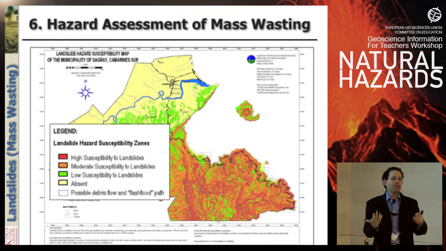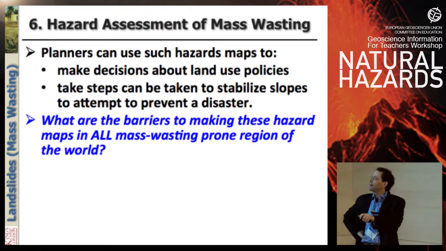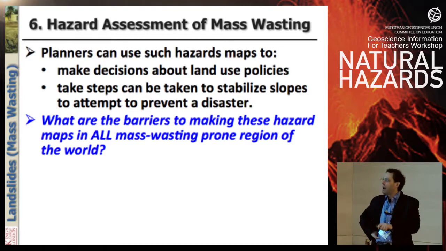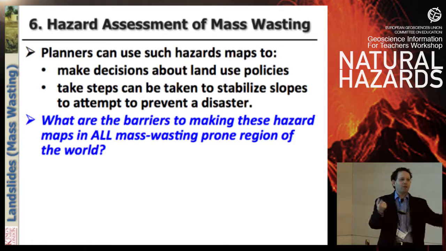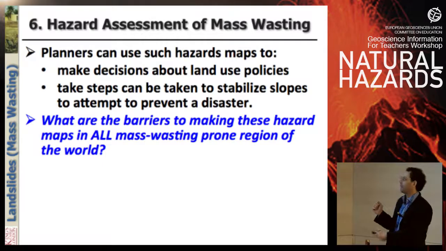Well, they can't prevent people from living there, and they don't have the resources, so all they can do is say you're living in a high susceptible area. So planners can use these maps to make decisions about land use policies. They can take steps, but some of the barriers that exist are resources of money, resources of time, and just the ability to protect ourselves.